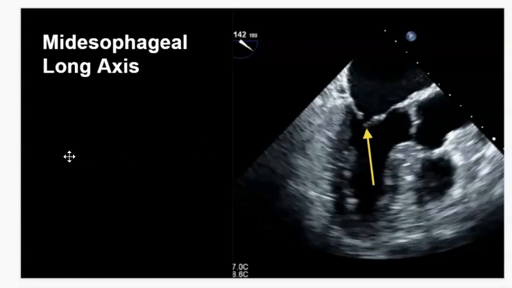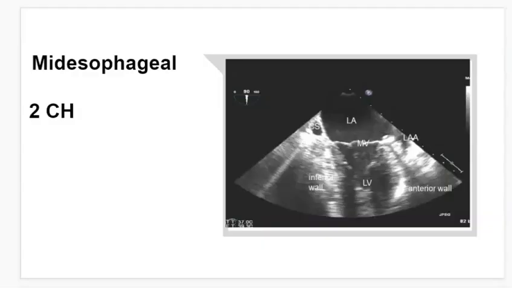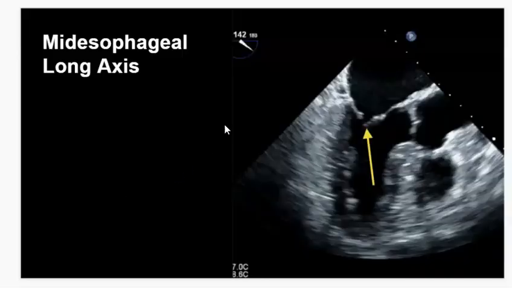This will probably be on the test, as will this one. Mid-esophageal long axis view. You can see about where that angle is. And these angles are, I want to say, approximate. Not everybody's heart sits at the same exact angle, but this is the long axis view.